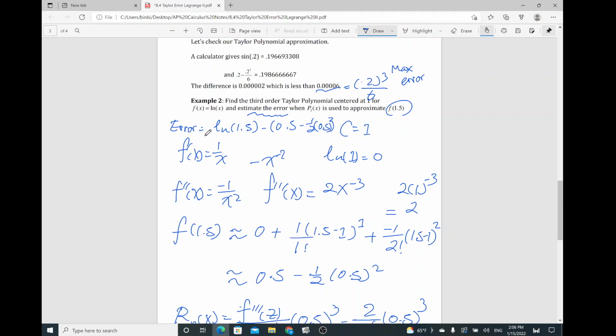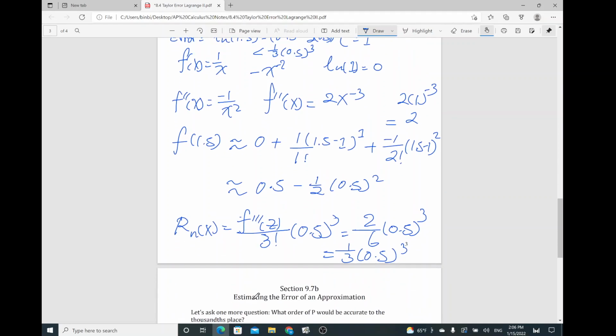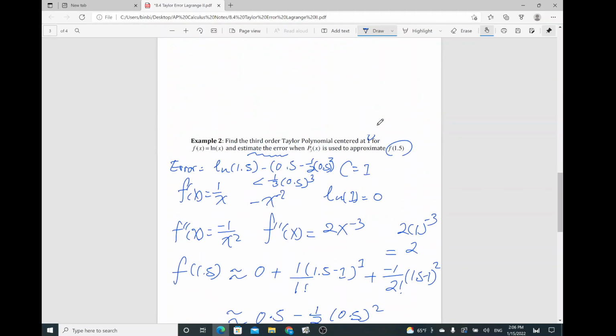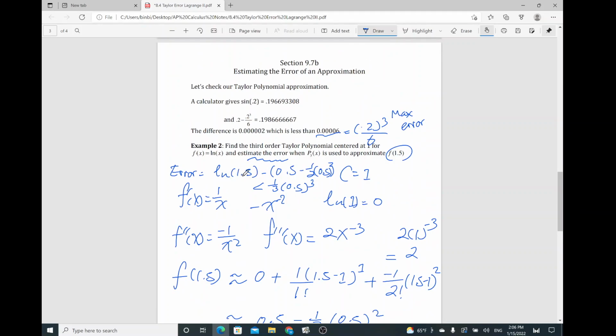Basically just type that on the calculator. The error that you'll find would be less than the maximum error, less than 1/3 times 0.5 to the third power, because the remainder error is the maximum error. So the actual value of the number subtract the Taylor polynomial gives you the actual error.